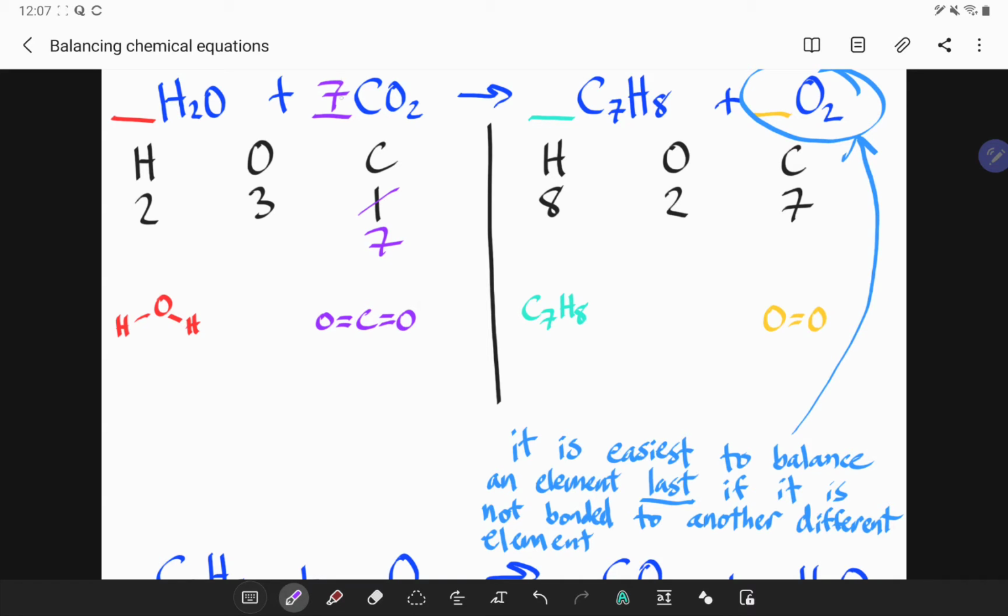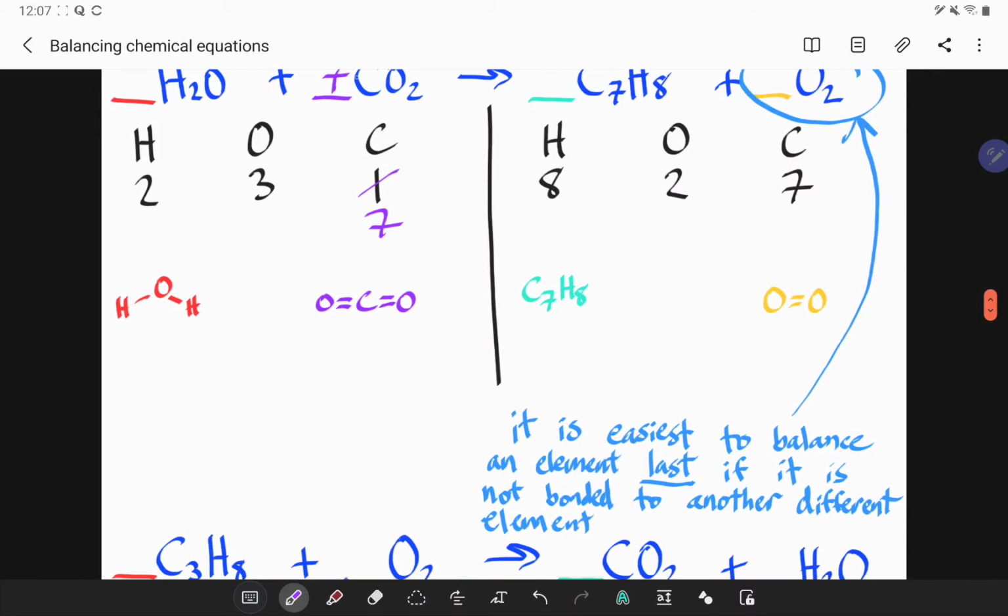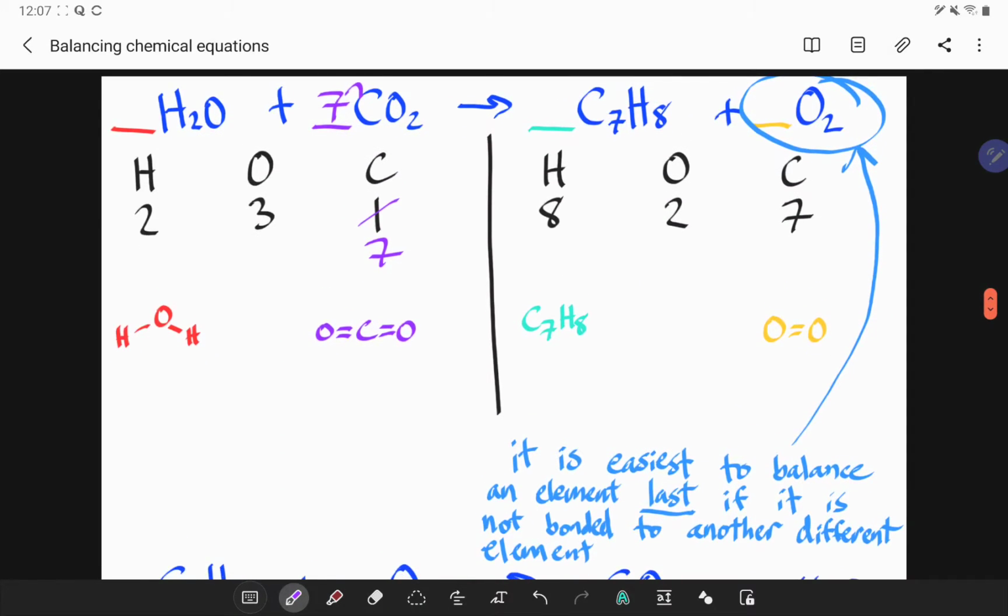But hold on, this 7 doesn't refer just to the carbons. It also refers to the oxygens. It wasn't just carbons that changed when I put that 7 there. Oxygens also changed, so I need to recalculate oxygens as well.